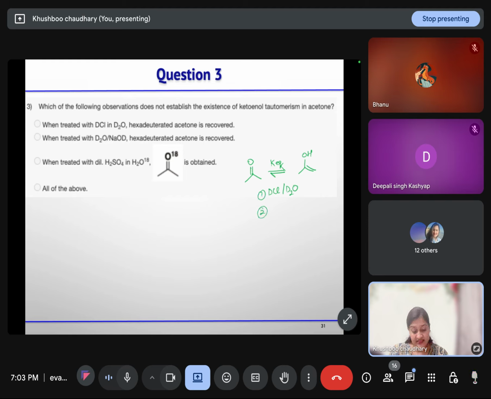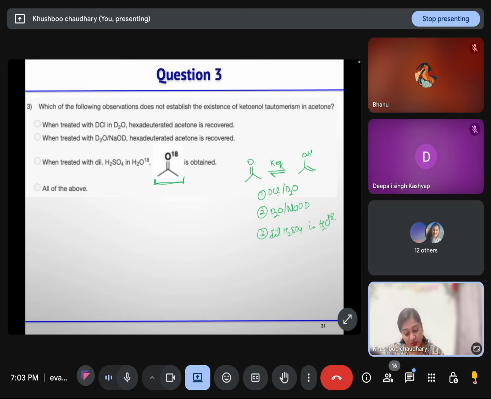Then second is D2O in the presence of NaOD, whether this will favor the enol form. Then third is dilute H2SO4 in the presence of isotopic water, H2O18. Whether this is the proof that keto-enol tautomerism is happening or not.